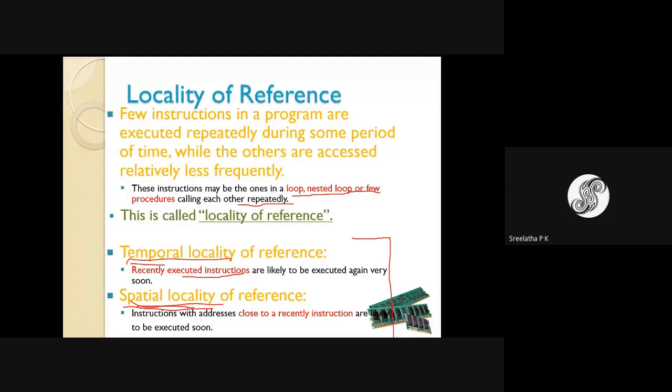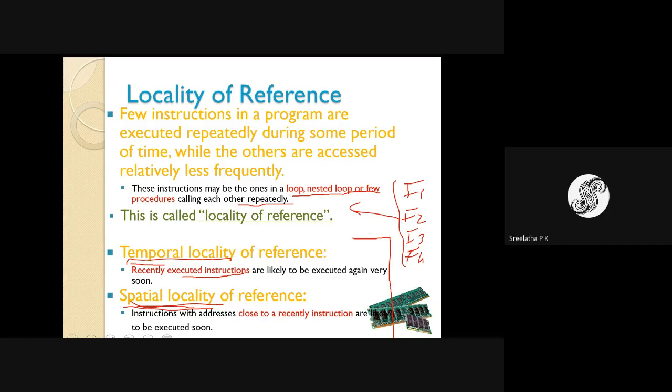Spatial locality of reference means the instructions which are close to the currently executing instruction are placed in the cache memory. If I'm using instruction F1, all the nearby instructions F2, F3 are moved to the cache memory. That is spatial locality of reference.